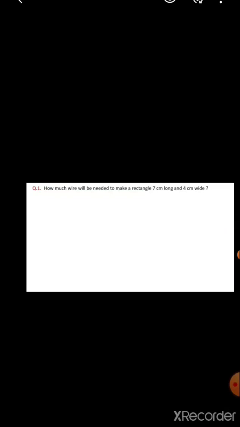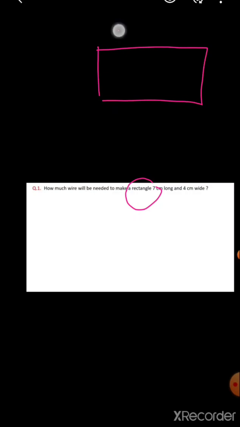Here first we will draw a rectangle, because in the question a rectangle is given, so we need to find out the perimeter of a rectangle. This is a rectangle. The length of the rectangle is 7 cm and the breadth is 4 cm.